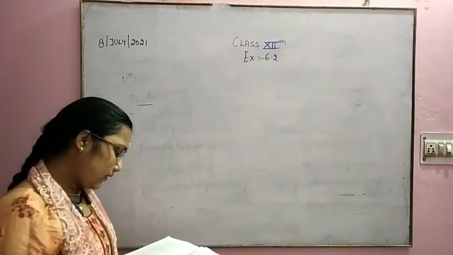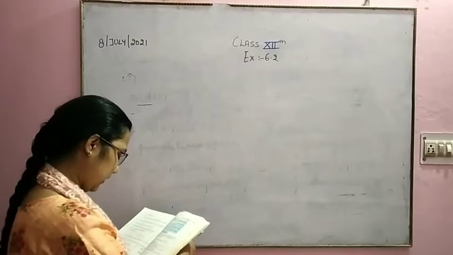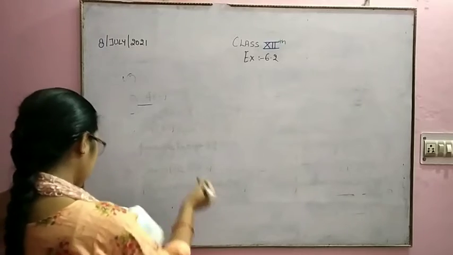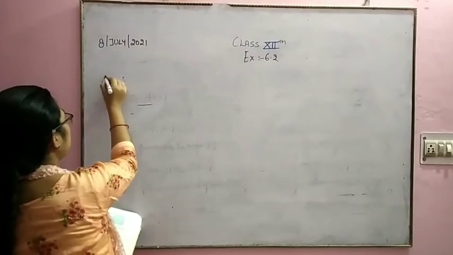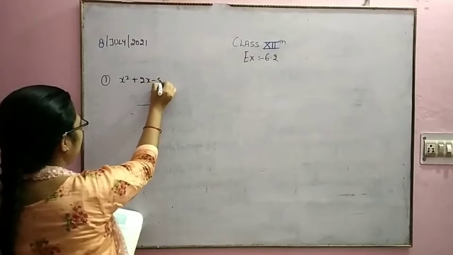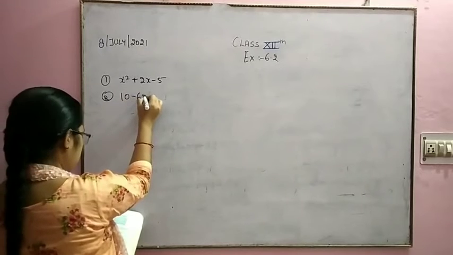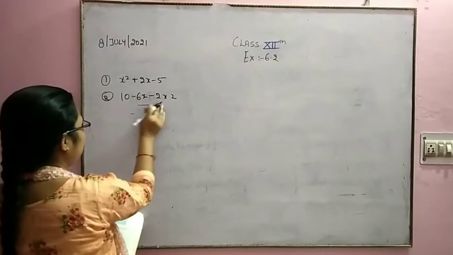Six, find the interval in which the following functions are strictly increasing and strictly decreasing. First is x square plus 2x minus 5. Second is 10 minus 6x minus 2x square.